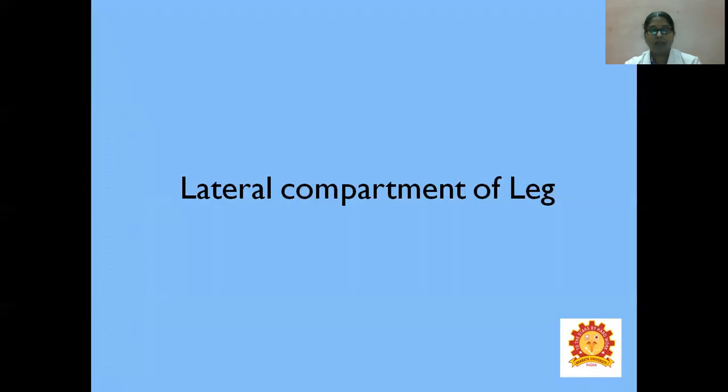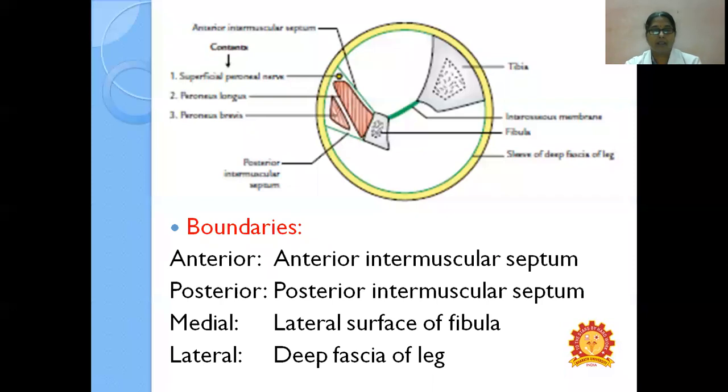So finally, we move on to the third compartment, that is the lateral compartment of the leg. So far, we have seen the anterior compartment, and along with the anterior compartment, the dorsum of the foot. So finally, it is the lateral compartment of the leg. This compartment lies between the anterior intermuscular septum and the posterior intermuscular septum.